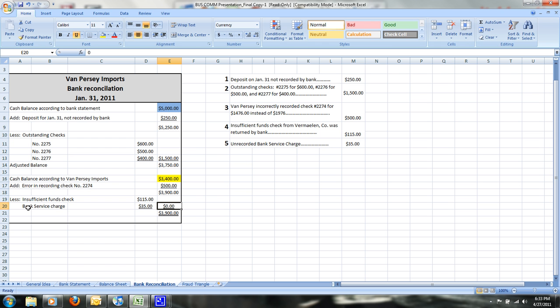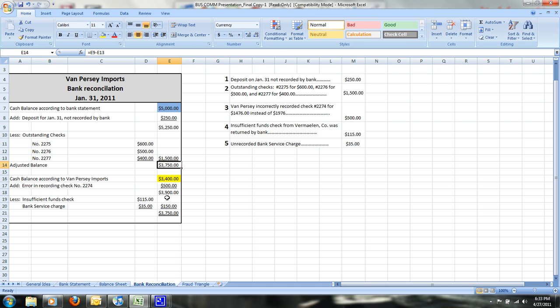They both equal, so that means we did it right, and it's a good check figure. What the bank has accounted for of our transactions equals what we accounted for.